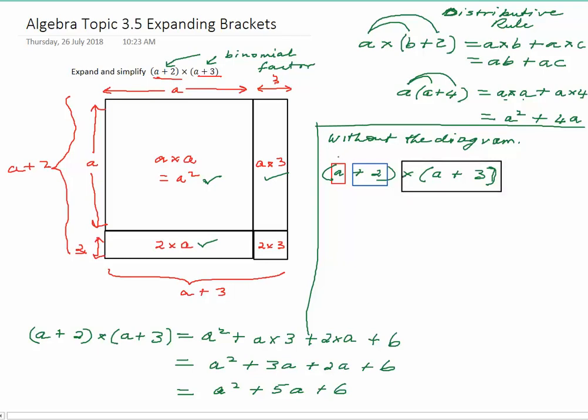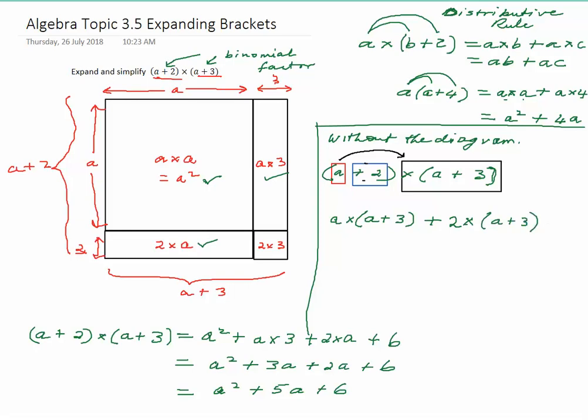So that means A is going to multiply this. So let's write that down. And then the next term we have the plus 2, so we want it to also multiply. Now I'll just highlight the parts here again in the colours we used.